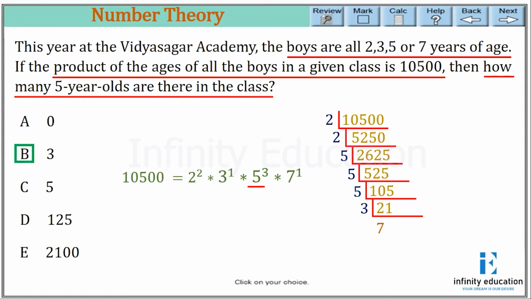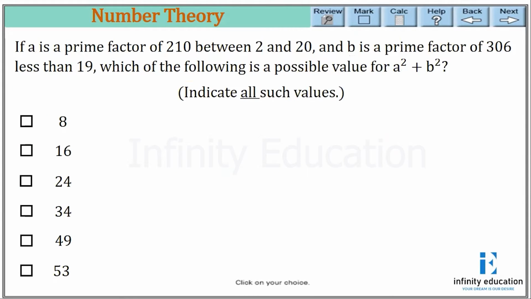Now let's see one more example. If A is a prime factor of 210 between 2 and 20 and B is a prime factor of 306 less than 19, which of the following is a possible value of A square plus B square? Okay, so A is a prime factor of 210 between 2 and 20.